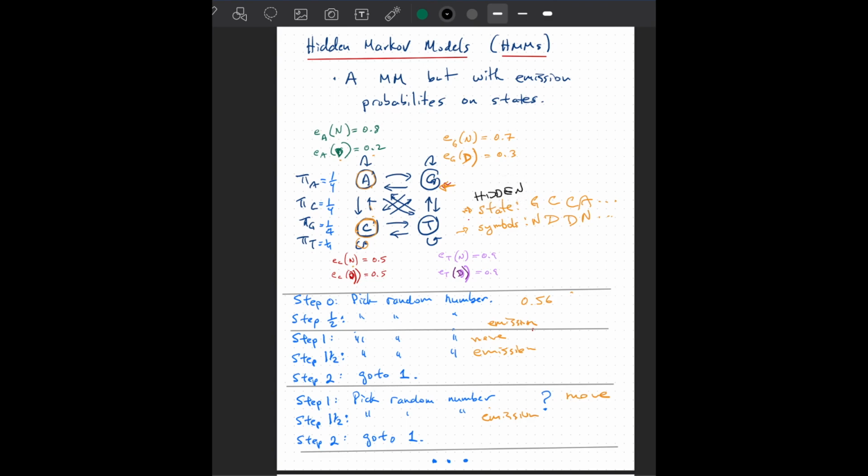That's the underlying steps that the person makes in this little Markov model. What we actually get to see, the public part, is the emissions, the symbols that are emitted from the system. Okay, so everybody can see it.